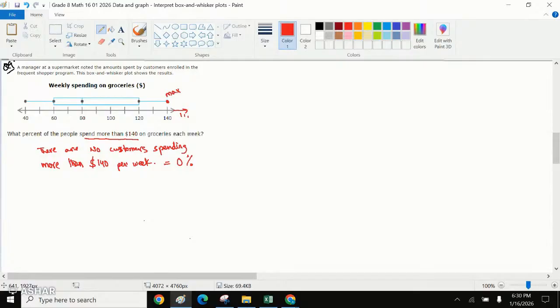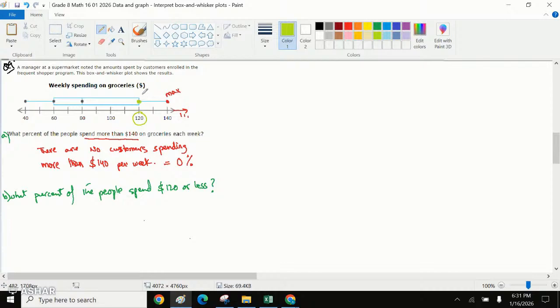So if we want to understand this, another part to this question: what percent of the people spend $120 or less per week? So when we say spend 120 or less, we try to find 120.